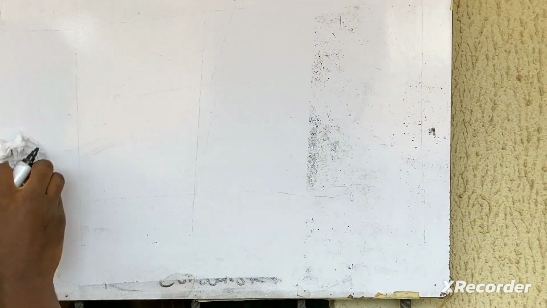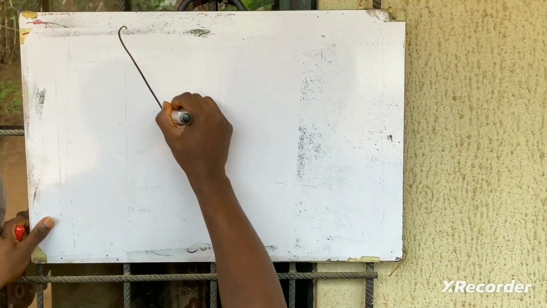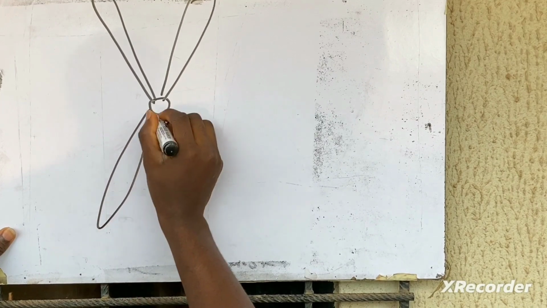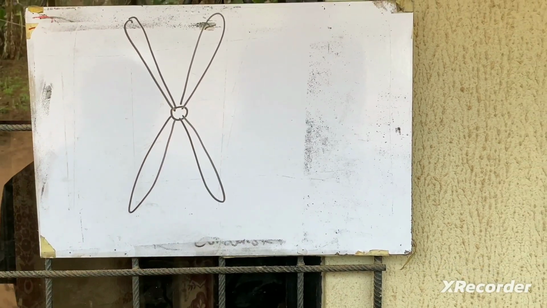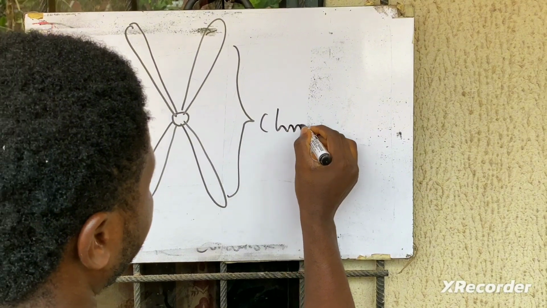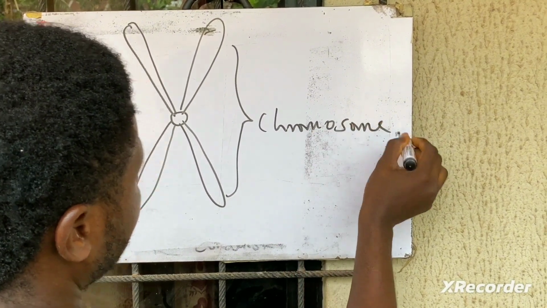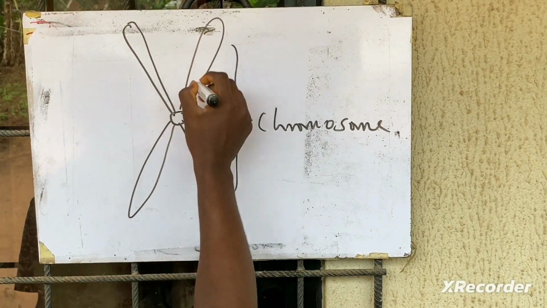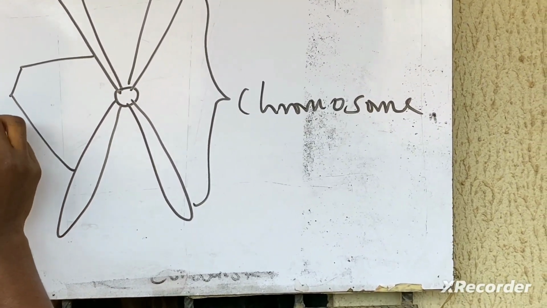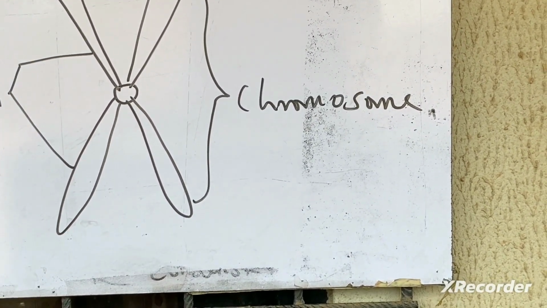So let's now study the structure of the chromosome. This is our chromosome, don't mind my drawing. I'm going to be labeling the different parts. These two parts of the chromosome are called the arms of the chromosome.